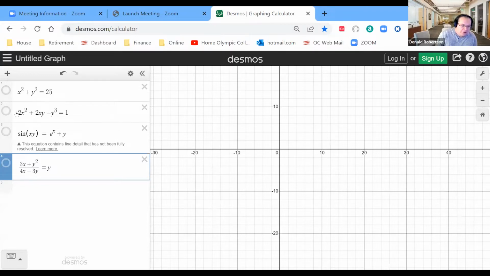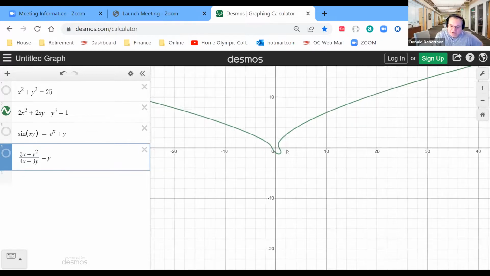So what you're looking at here are all the points in 2D space where if you take the x coordinate, square it, and then double it, and then you add 2 times the x coordinate times the y, and then you subtract the y coordinate cubed, it's always equal to 1. So that should be quite interesting to see.